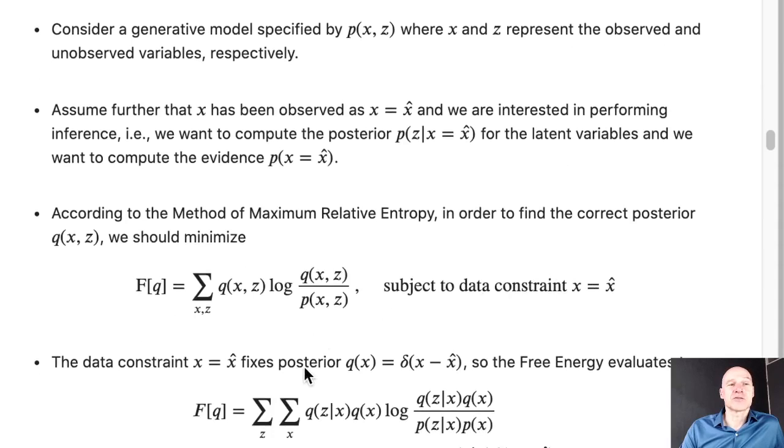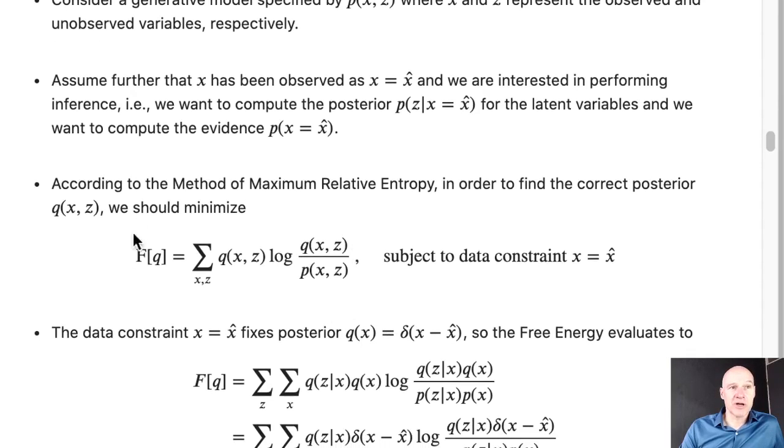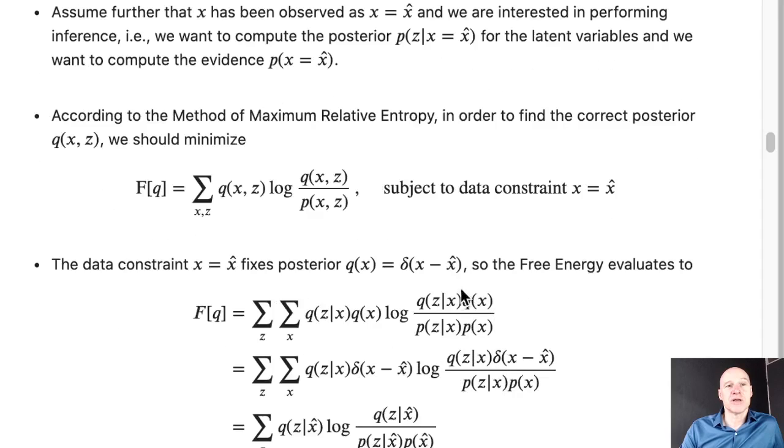So let's work this out. The data constraint fixes the marginal posterior for X to delta of X minus X hat. And I'm going to plug that in here. So I'm going to get a sum over X and Z. This is the joint posterior. This is the joint generative model. I'm going to plug in the delta for Q of X here.